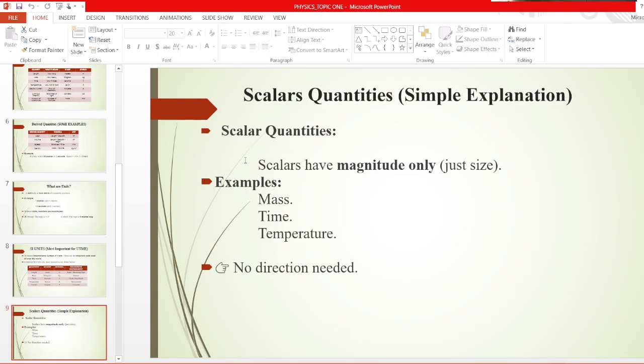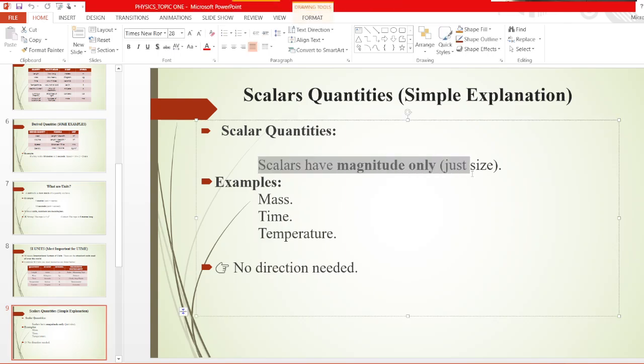What are scalar quantities? Scalar quantities are quantities that just have size. They only have size alone. The weight of a human being, that's size. The length of a table, just that size. Examples are mass, time, temperature.